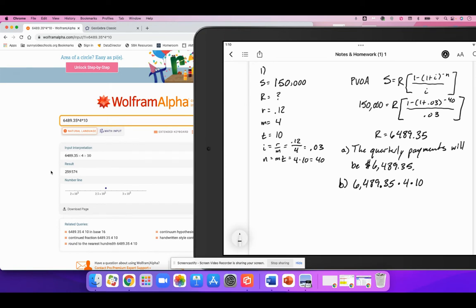So his total payback is going to be $259,574. So total payoff amount is $259,574.